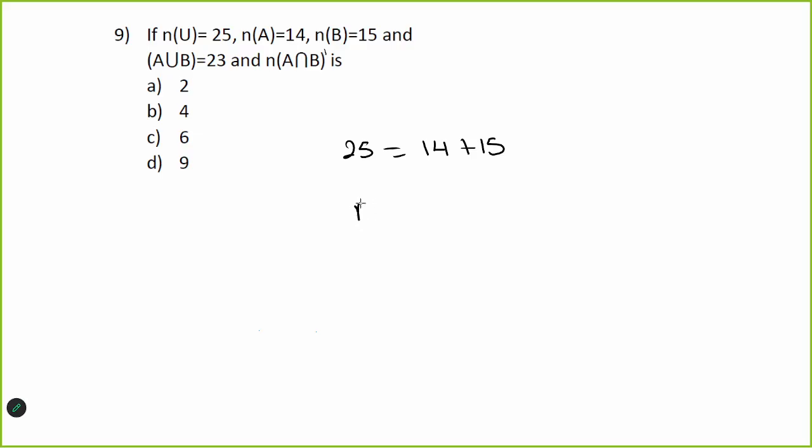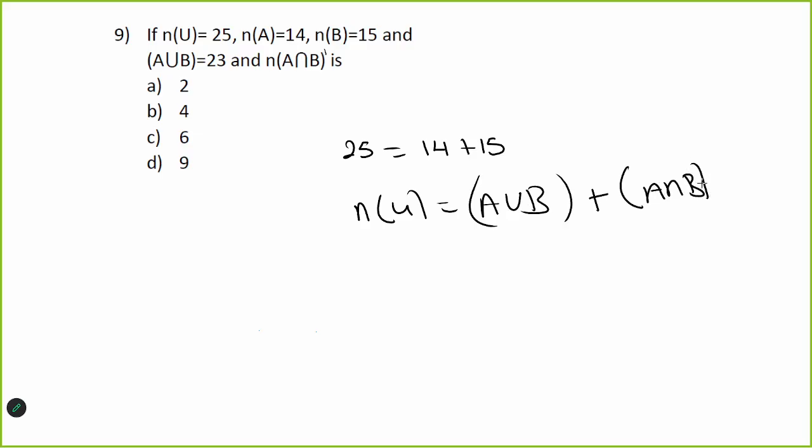So that means the number in the universal set would be A union B, meaning what they have in common, plus A intersect B complement, which would be 25 is equal to 23 plus this value here, which would be 2. So the answer is B, 2.